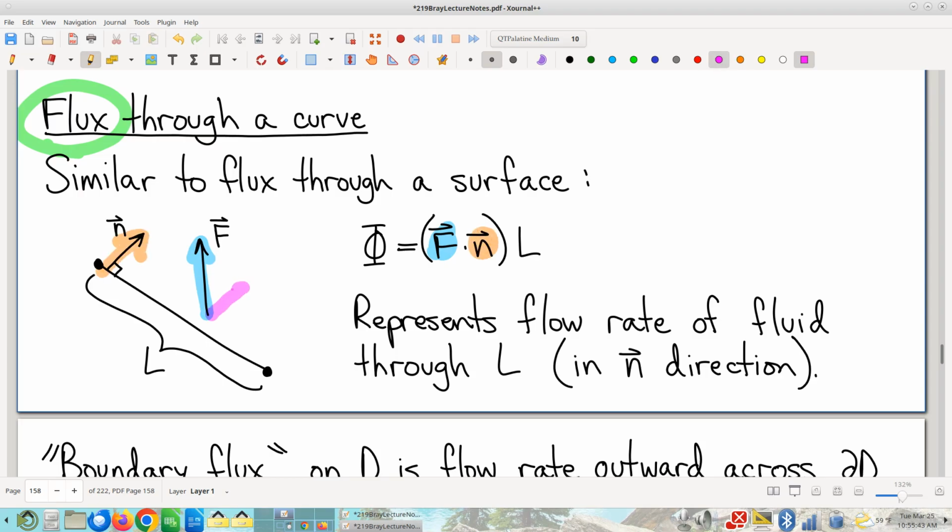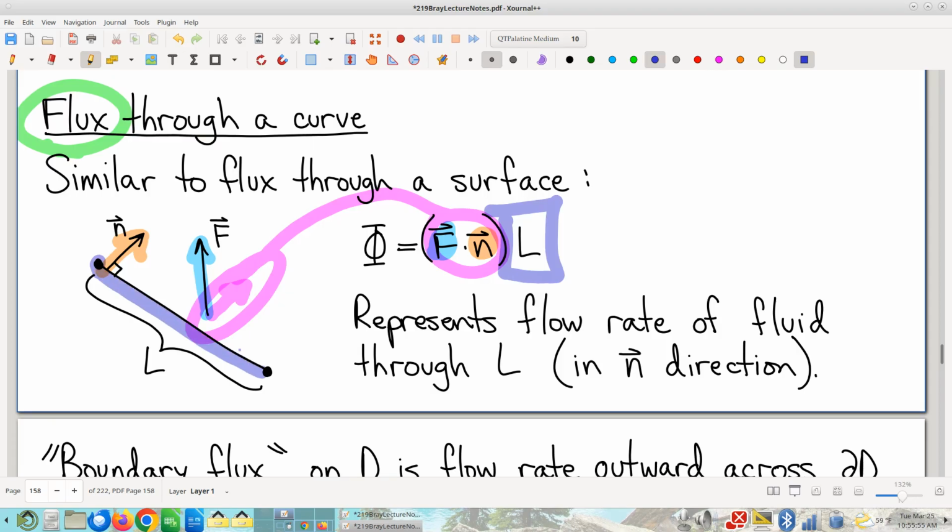So I'm going to want to know how fast in the normal direction is the fluid flowing across the curve, and then we're going to multiply that times the length of the curve. So I hope that seems kind of plausible. Again, excellent little computation for y'all to do on your own. Good little comprehension check.